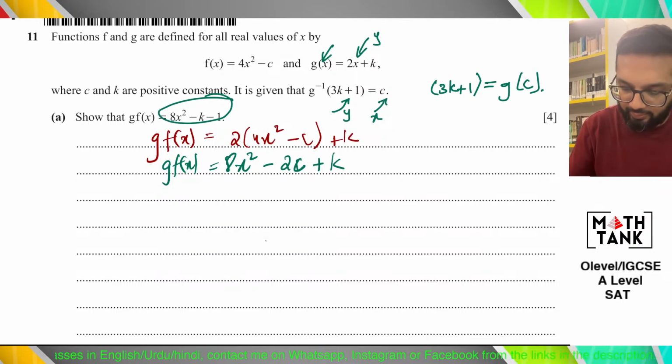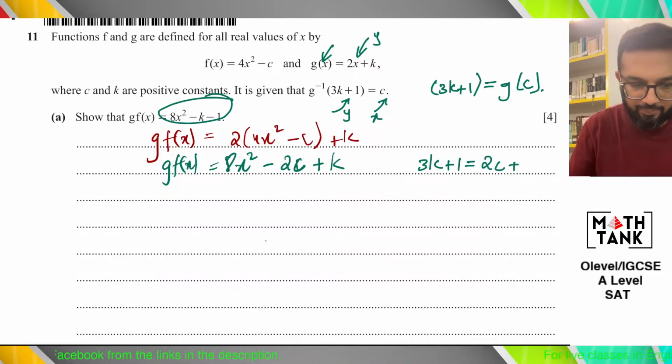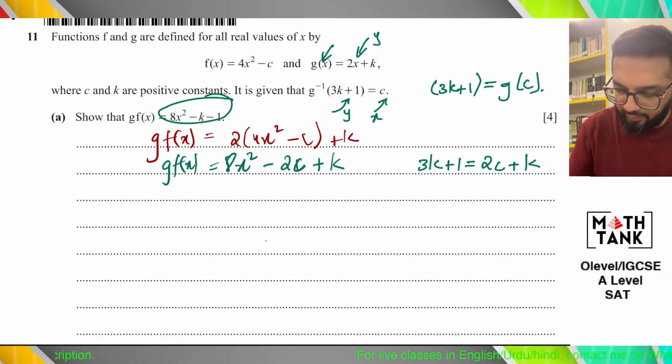Okay, so I can use that. So g of c is 3k plus 1, so I'm going to write 3k plus 1 equals 2c plus k. And then I'm going to solve for k, so that's 2k plus 1 equals 2c, and 2c can then be replaced here.